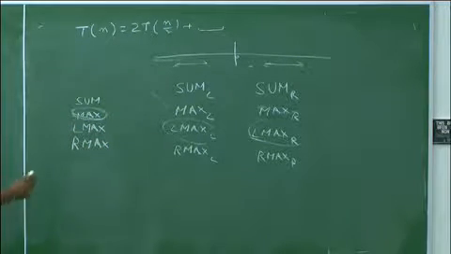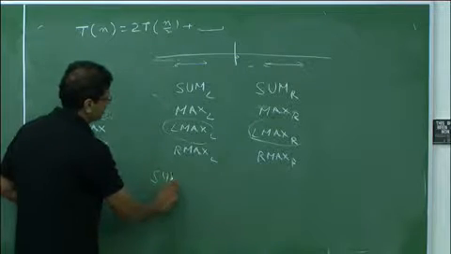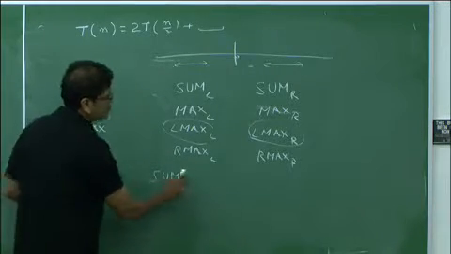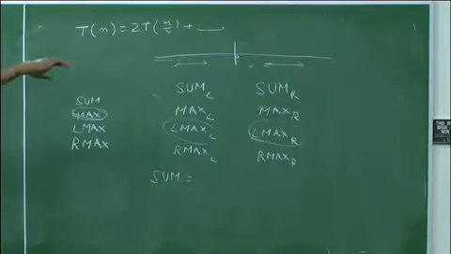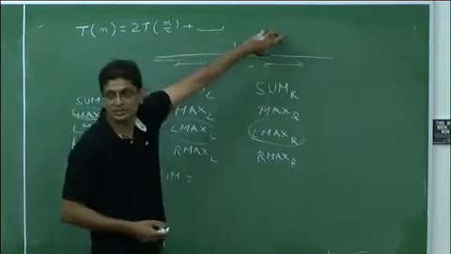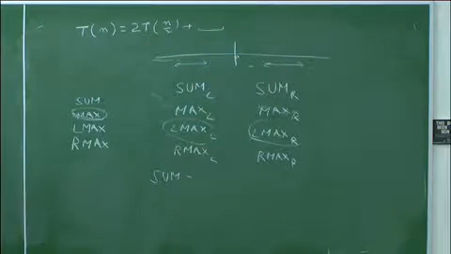What is sum? Sum for the entire sequence is nothing but the sum of the left side plus the sum of the right side. It is very simple. If you already know the sum of this and the sum of that, rather than trying to add them all up again, I can just add those 2 values.